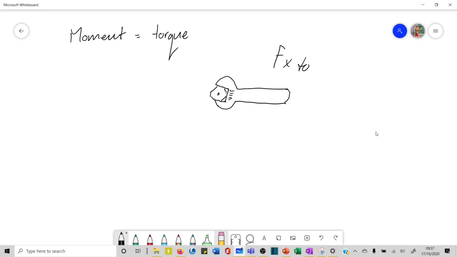So we need a force of X to turn, and let's say X equals 10 kilonewtons to turn this nut with this spanner.